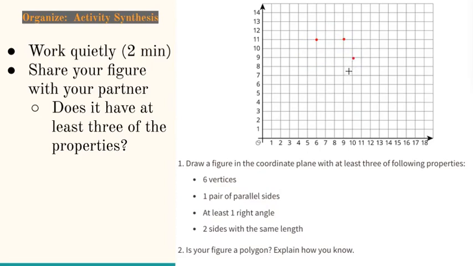You just need some paper and a pencil. All right, so I got my 6 vertices. And since I made a regular hexagon, my opposite sides are parallel, and I made all the sides the same lengths. I did not make right angles, but I did get the other 3.